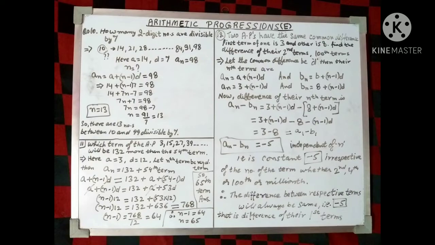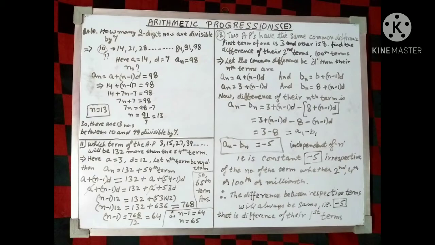That is, n minus 1 is equal to 64, so n is equal to 65. So the 65th term will be 132 more than the 54th term. You can calculate the 54th term and you can calculate the 65th term. You will find a difference of 132. I hope you got it.